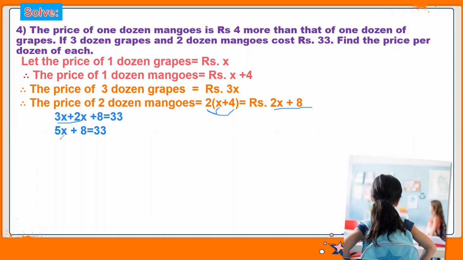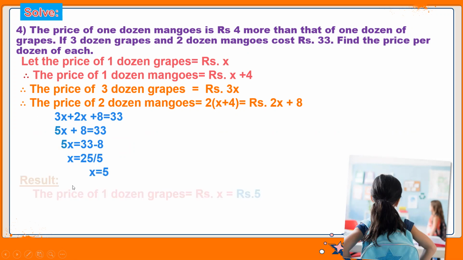So 3 plus 2 is equal to 5x. We cannot add the constant 8 with this 5x, so this 8 is going to be subtracted from 33 in the next step. When we subtract 8 from 33, we get 25, and 25 is divided by 5. We get x equal to 5.